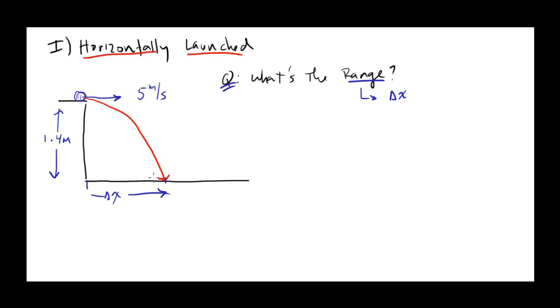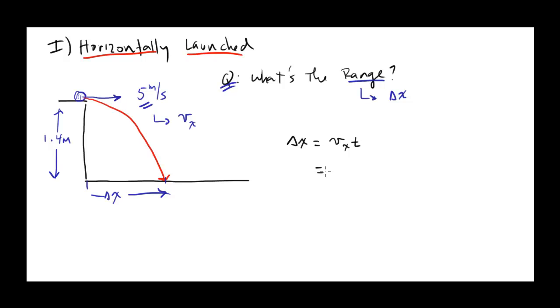And these are the simplest types of problems because I don't have to worry about fiddling with my initial velocity. This is Vx. The initial velocity is entirely in the x direction, so this is an x velocity.